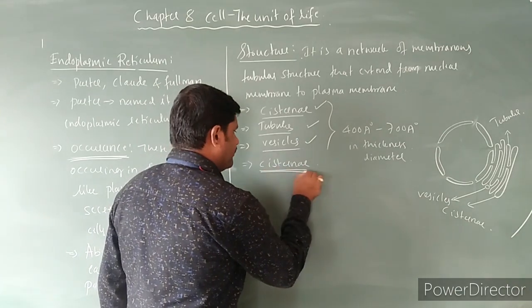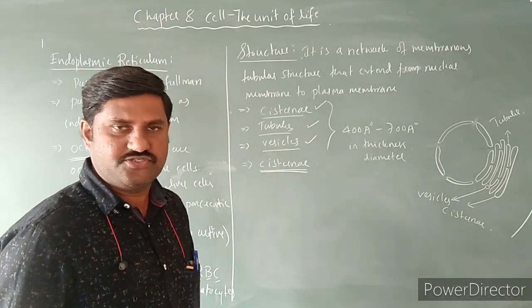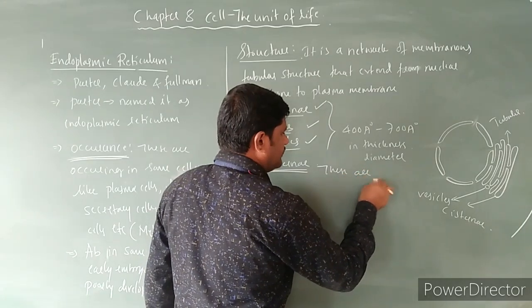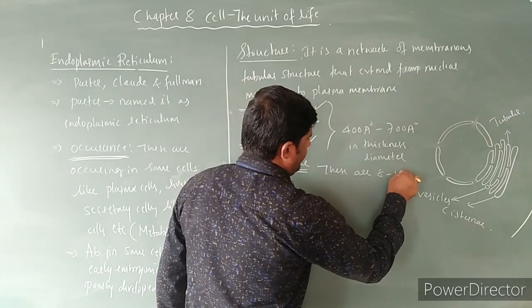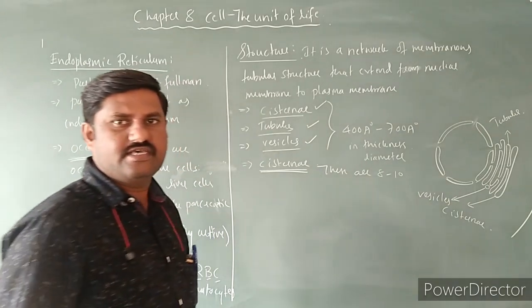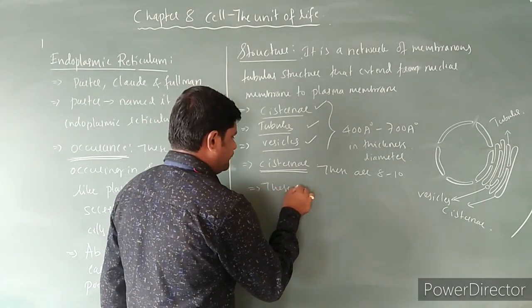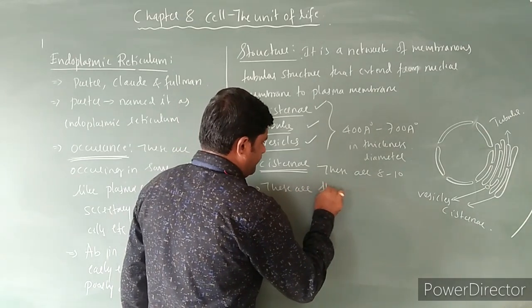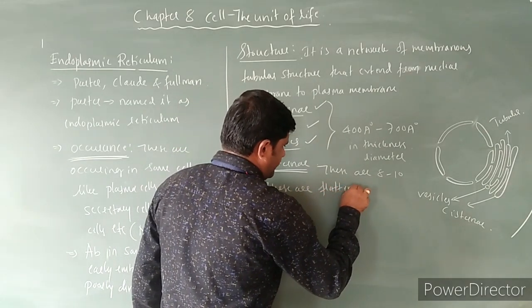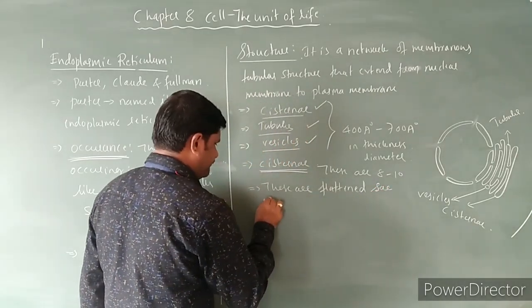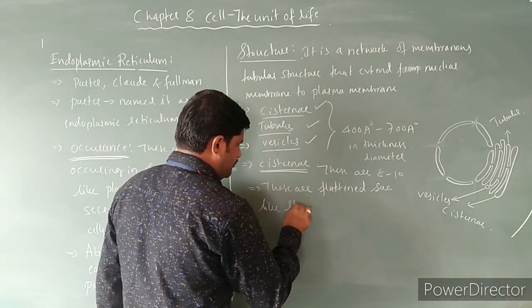So first of all, we will go to the cisternae. These are 8 to 10 in number, and these are flattened sac-like structures.